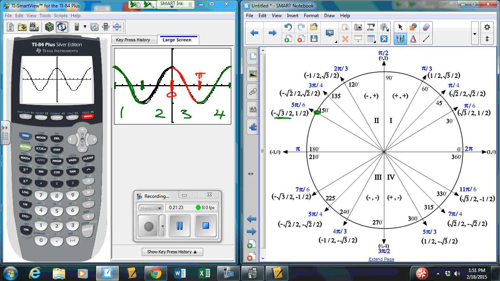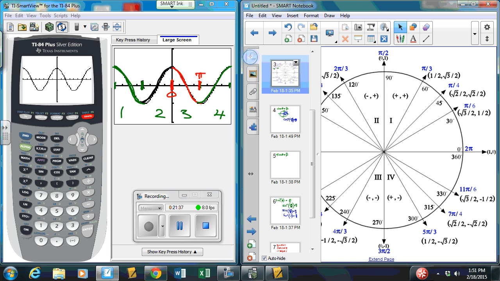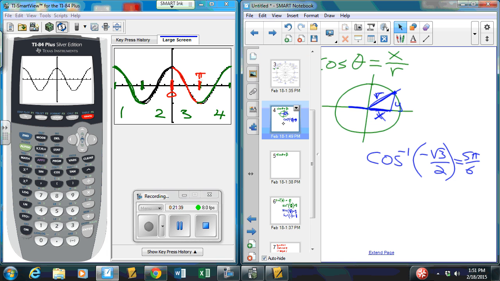It's in the second quadrant, which is one of the inverse quadrants. Any questions there? Yeah, cosine inverse is in the first or second quadrant. Okay, let's do the next one.